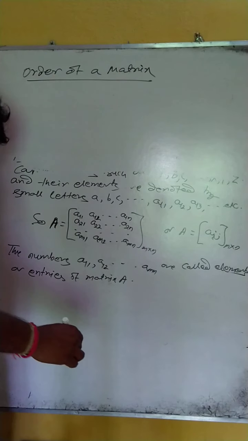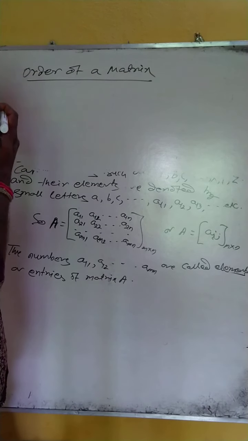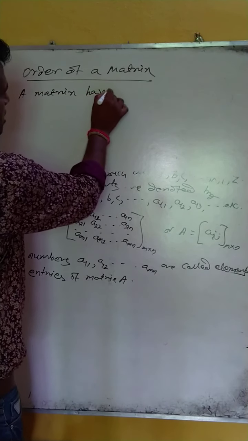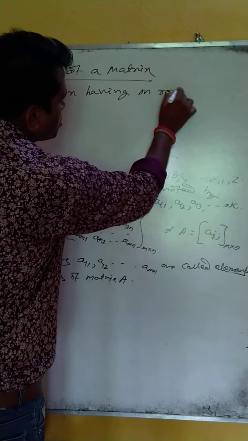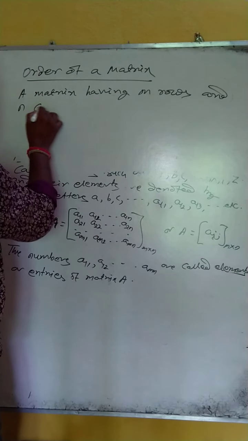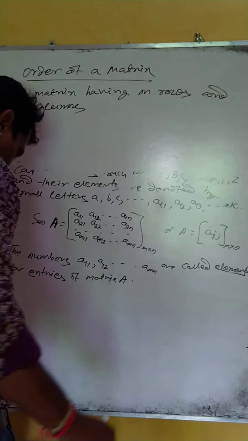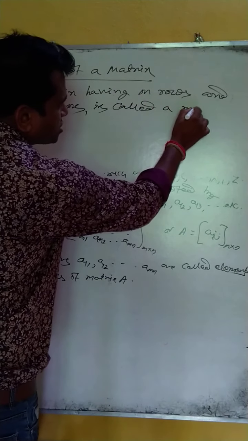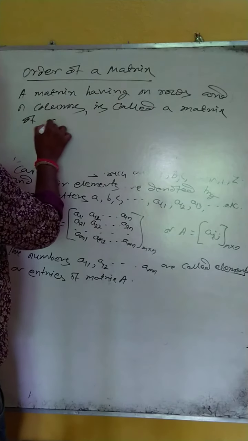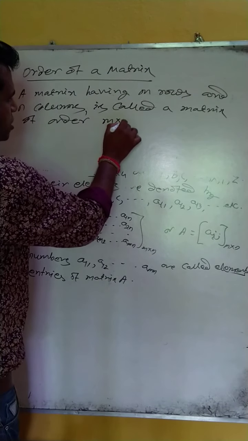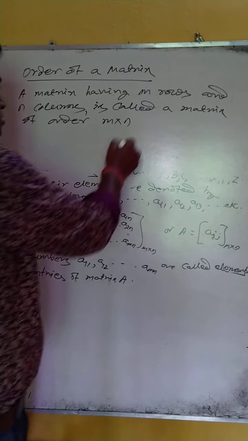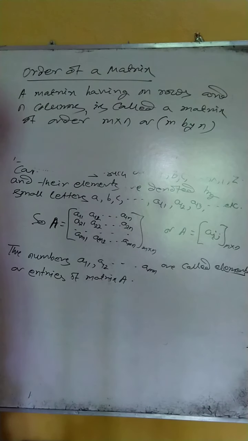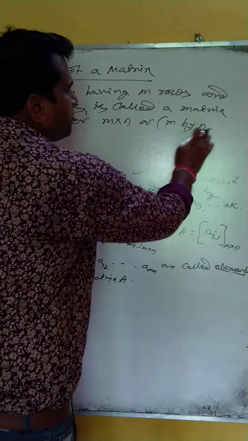A matrix having m rows and n columns is called a matrix of order m cross n, or simply m by n. Okay, m cross n or m by n matrix.